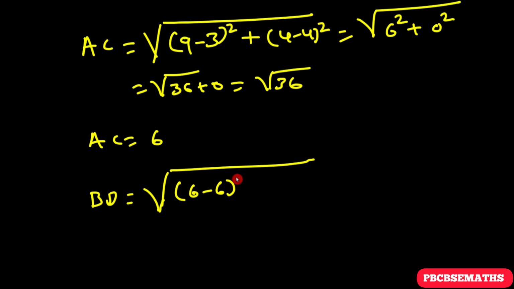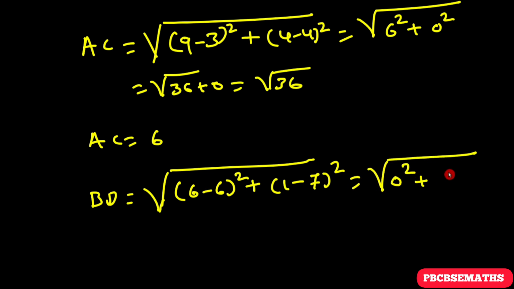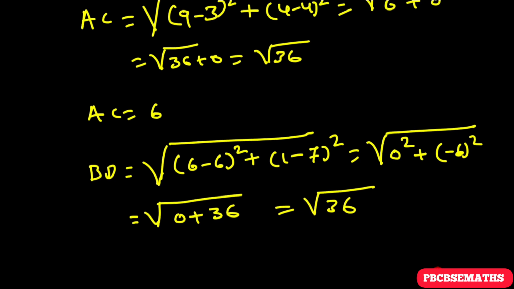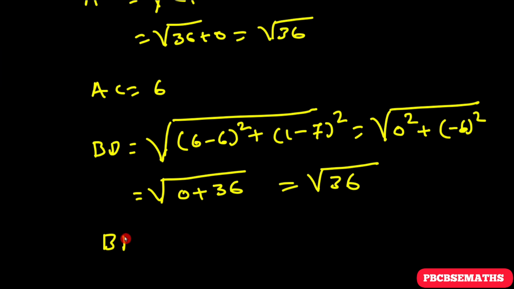So (6 minus 6) whole square plus (y2, which is 1, minus y1, which is 7) whole square, which is equal to square root of (6 minus 6, that is 0) square plus (minus 6) whole square, which gives us square root of 0 plus 36, which is square root of 36. So the value of BD is 6 units.